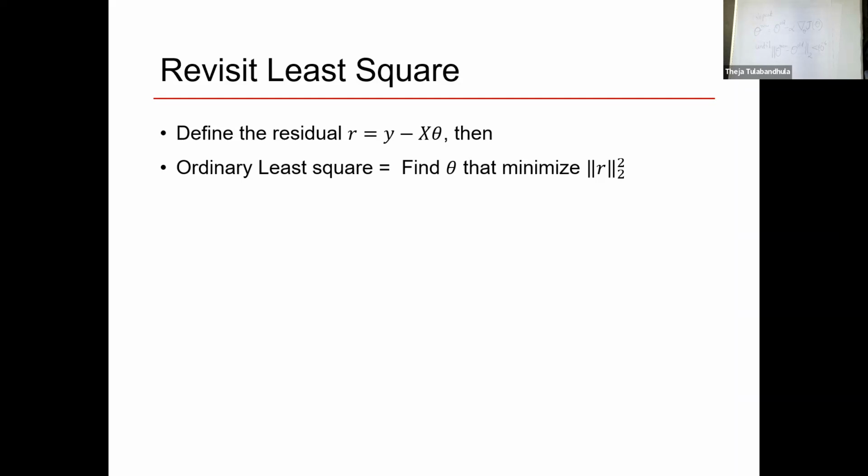That's what this 2 norm square means. If we have a vector, square each coordinate, and then sum.